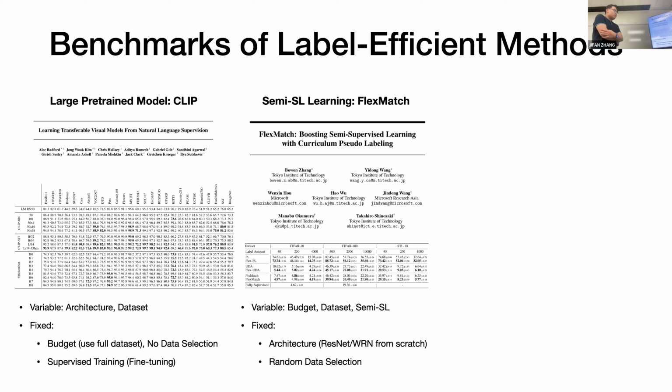So it's not using a vision transformer, it's using Wide ResNet. It's also saying my really small subset, like 40 or 250 of CIFAR-10, is randomly chosen, treating CIFAR-10 as unlabeled. So for semi-supervised learning, these things are fixed.